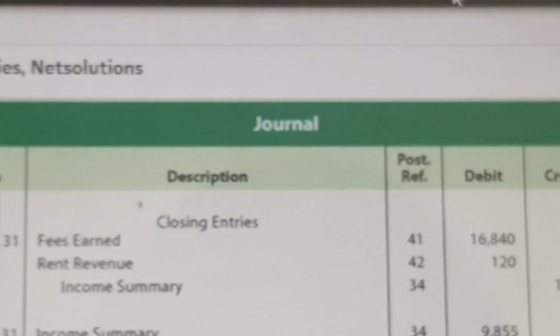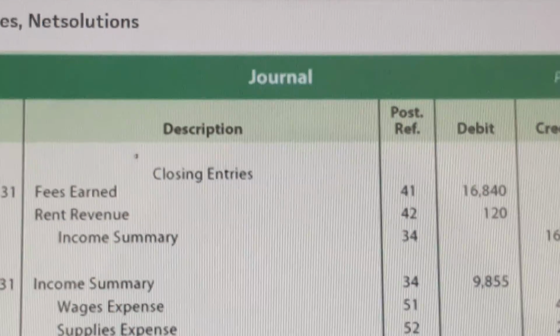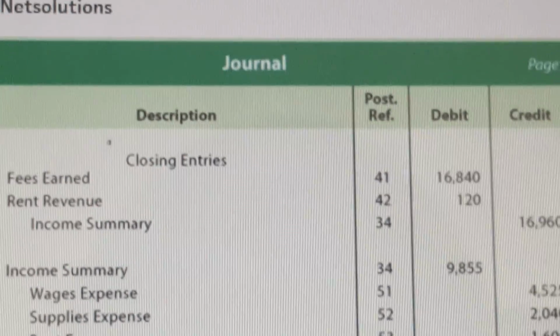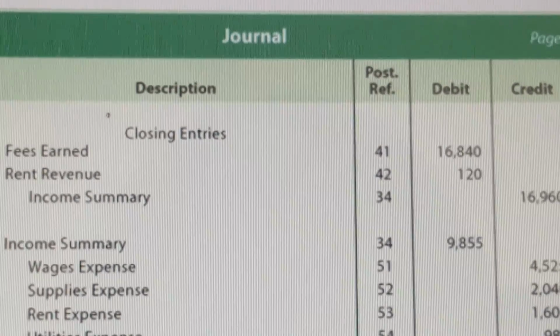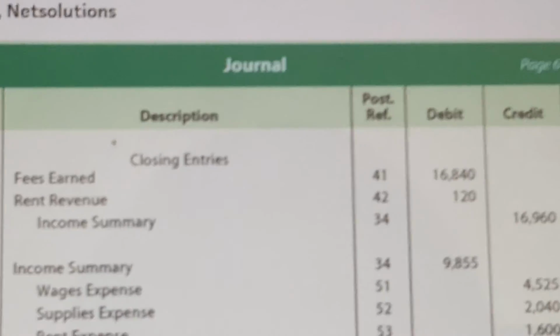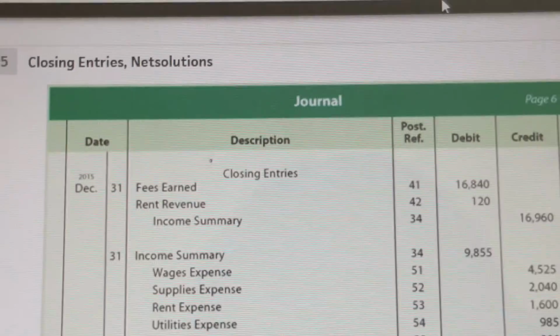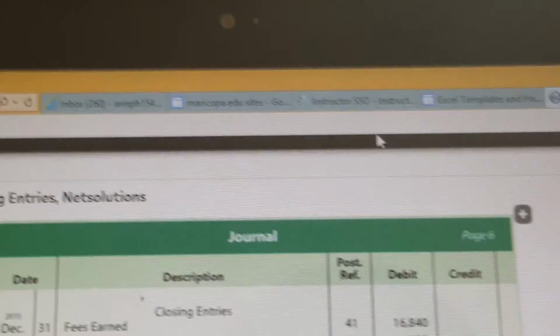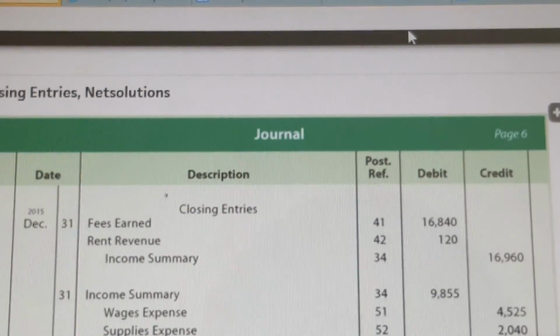Now, if you would go back into your textbook and looking at Exhibit 2, if you go back and find the adjusted trial balance that related to Exhibit 2, that company was Net Solutions. Okay, find that. Put me on pause while you find that. And then what I'm showing you is Exhibit 5.